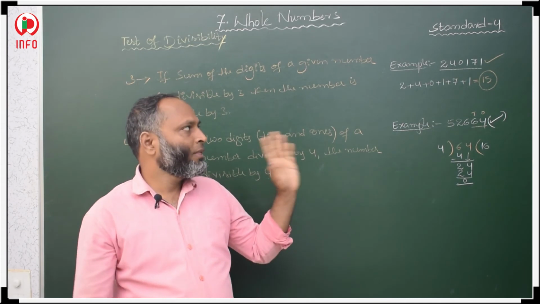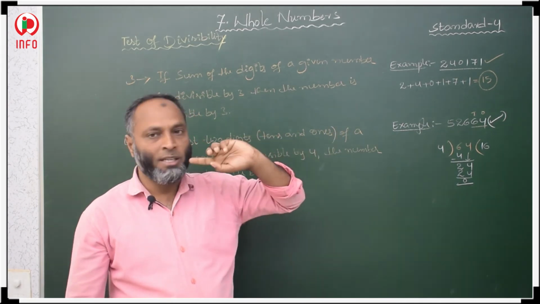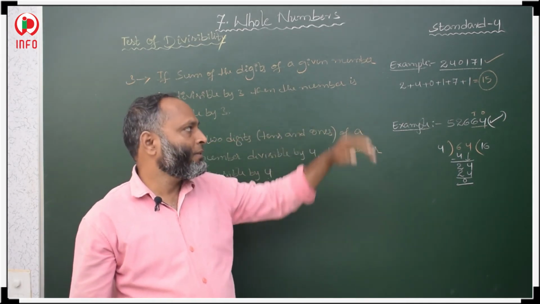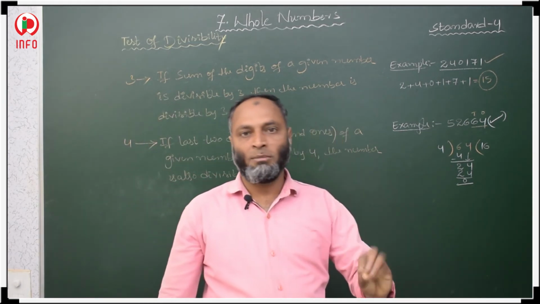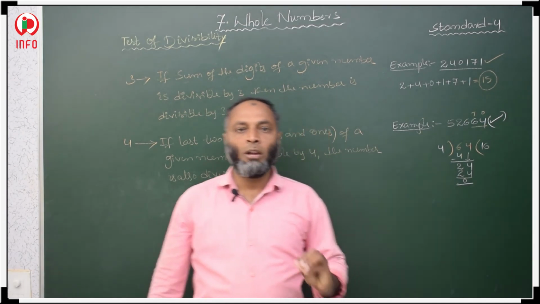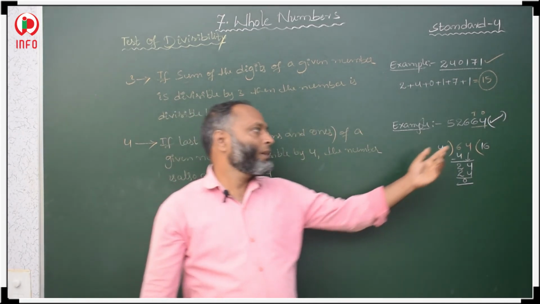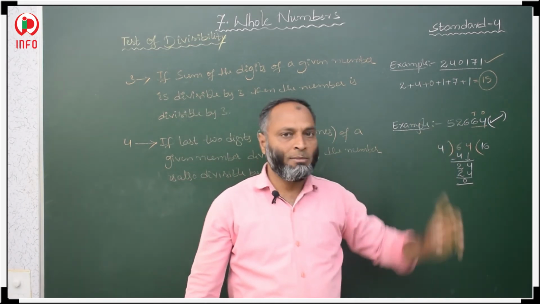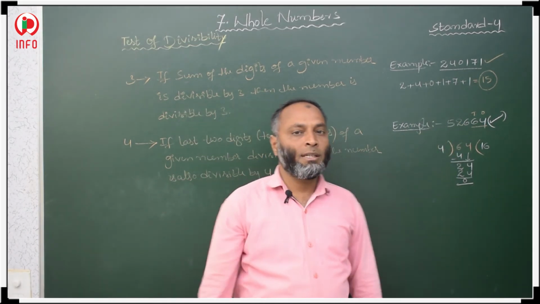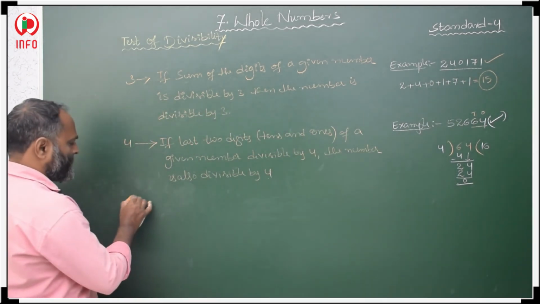Okay. For 3 we find the sum of the digits: if the sum of the digits of a given number is divisible by 3, then the number is divisible by 3. For 4, if the last 2 digits of a given number are divisible by 4, then that number is divisible by 4. Next, divisibility by 6.